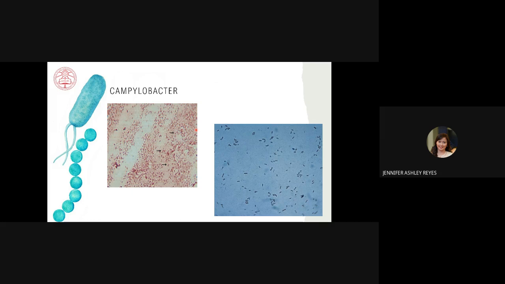So if we have difficulty in assessing kung ano ba talagang itsura nito na specimen, you can use carbol-fuchsin or a 0.1% aqueous basic fuchsin to improve the visualization of your smears of stools or those na smear from primary culture. So, that is one way of troubleshooting if we have problems in visualization ng gram-stained specimen ng stool.